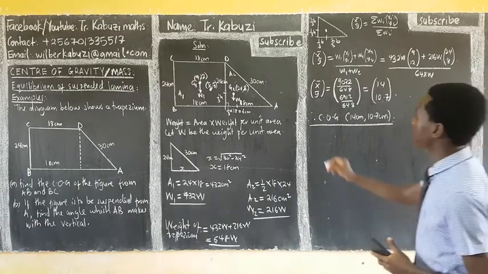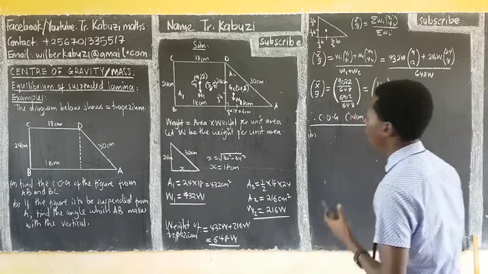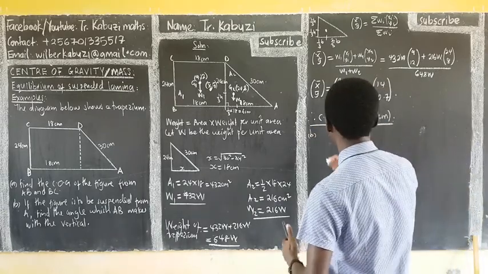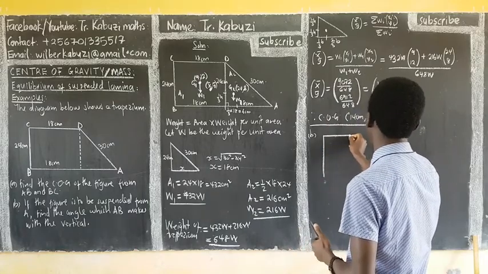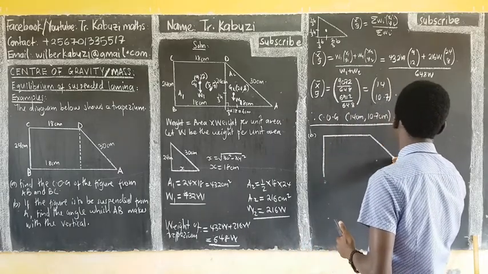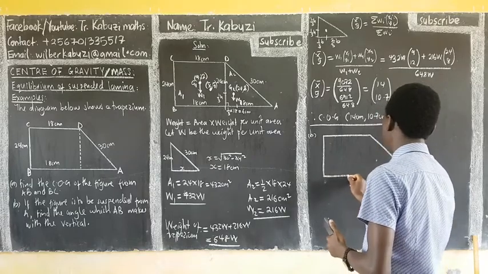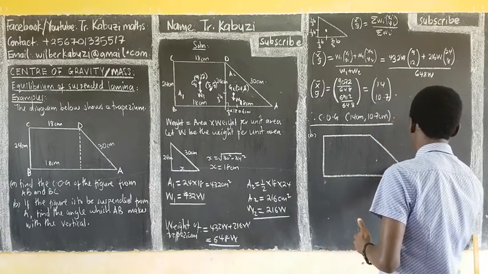So then part B, you want to get the center of gravity when you are suspending it. So there, you draw a diagram with ease to show how we are going to consider the suspension. This is the diagram I'm considering now, still the trapezium.